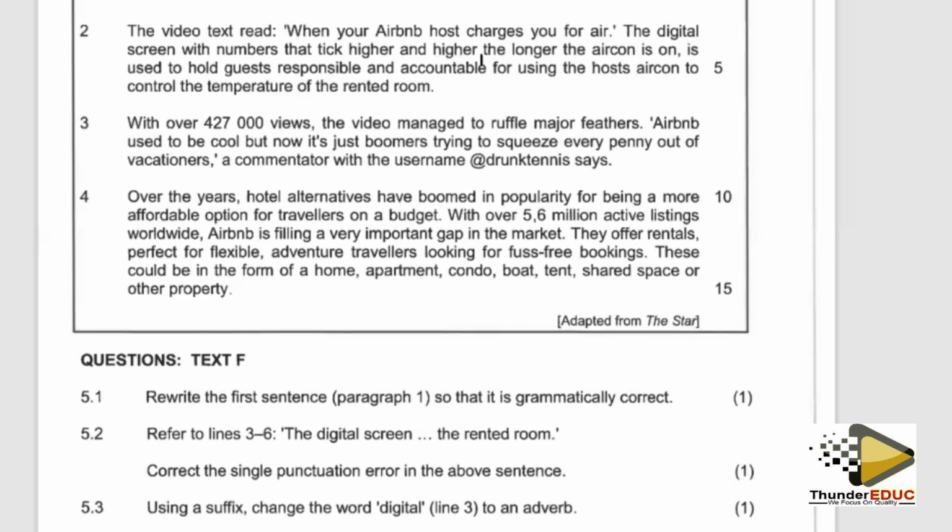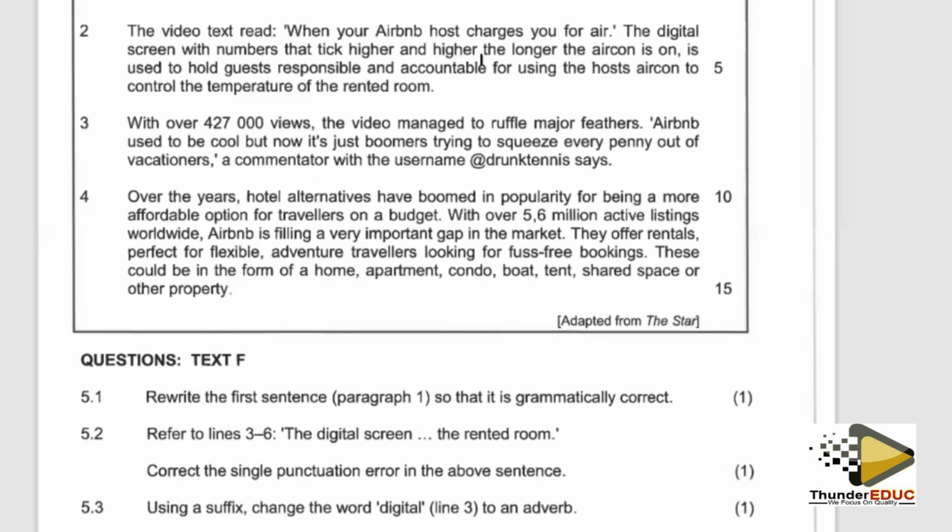That is where the comma is supposed to be. The digital screen with numbers that tick higher and higher, comma, the longer the aircon is on, is used to hold guests responsible and accountable for using the host aircon to control the temperature of the rented room. The comma is supposed to be between higher and the. That was listing that was happening, so it had to have a comma in place.